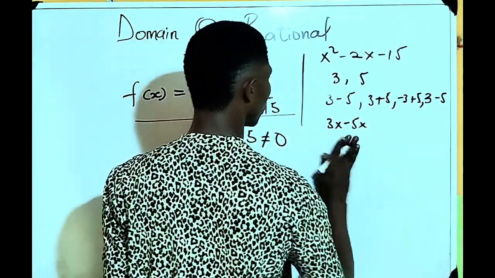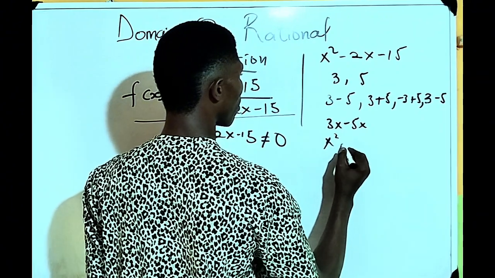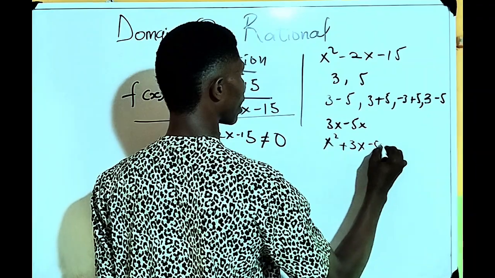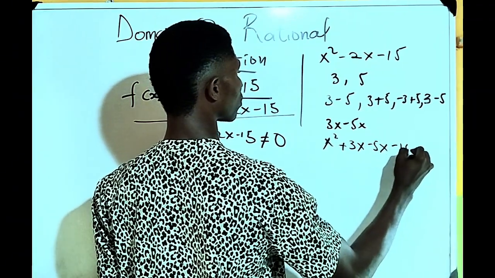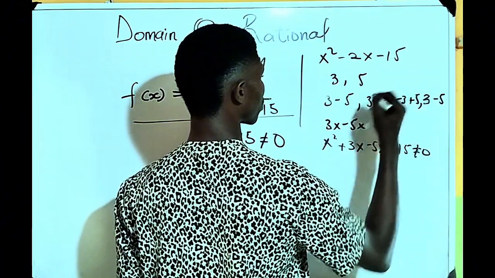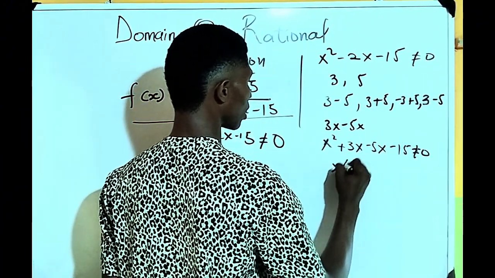So I have x squared plus 3x minus 5x minus 15 must not be equal to 0. And I have factorizing x out.